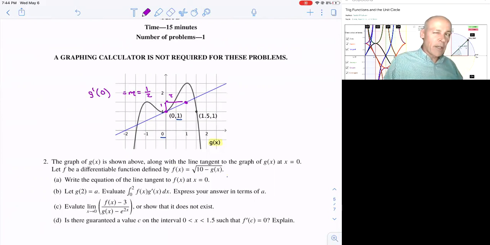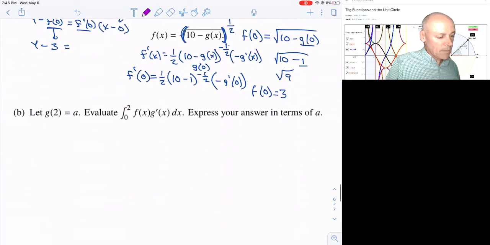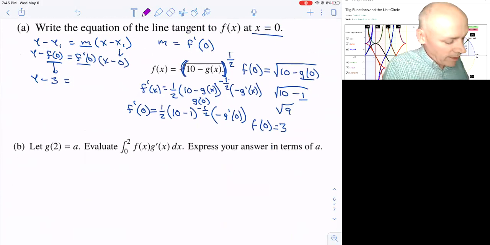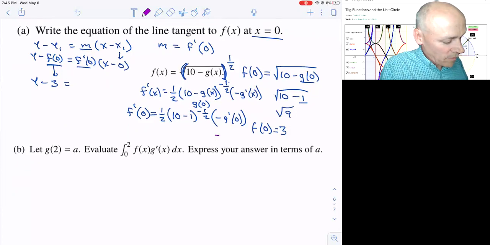Okay, it's a little tricky. That's kind of why they gave us that tangent line, and that's also why it kind of cuts through the corners on our graph there. So I'm going to drop that in. Now that is going to be negative g prime at 0, so that's negative 1/2. And then I've just got the rest of this, 1/2 times the quantity 10 minus 1.